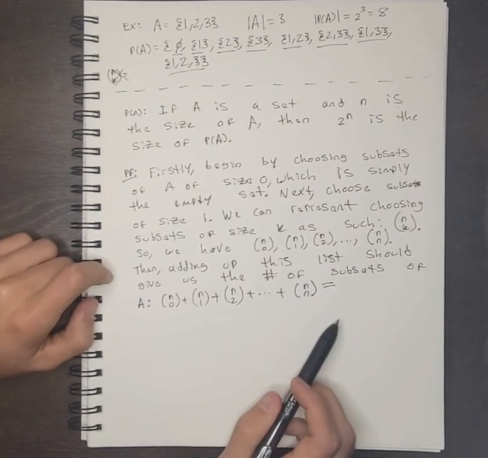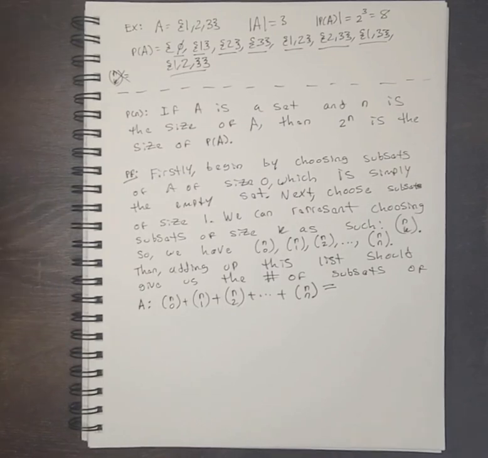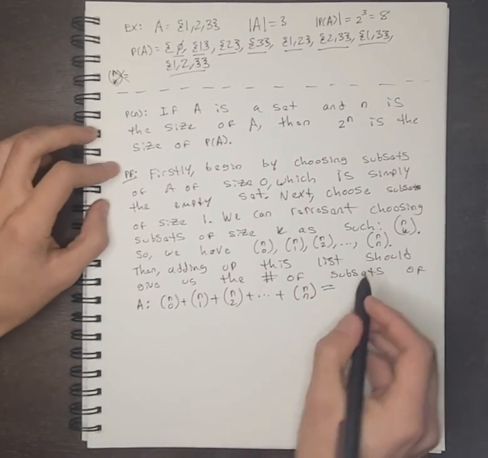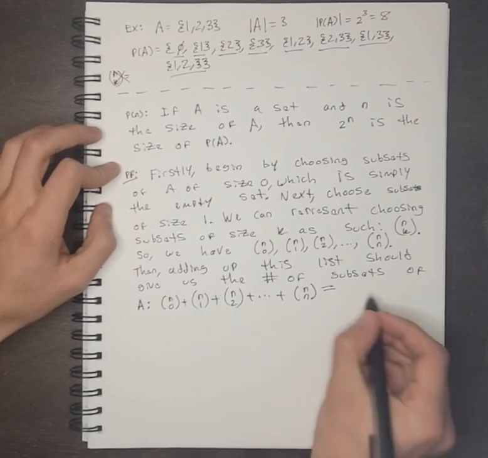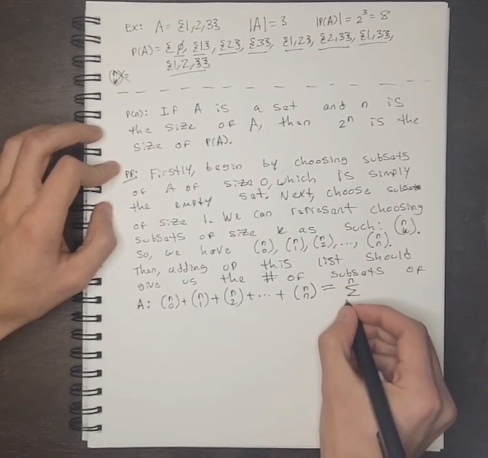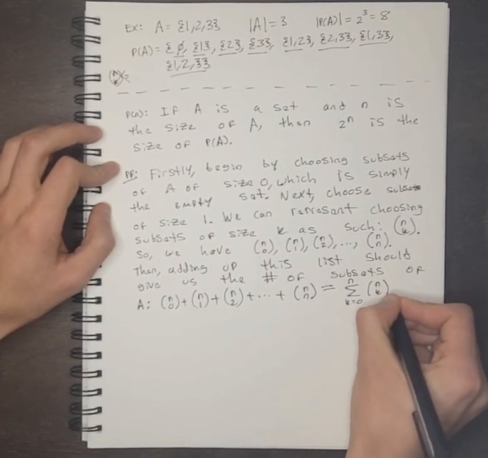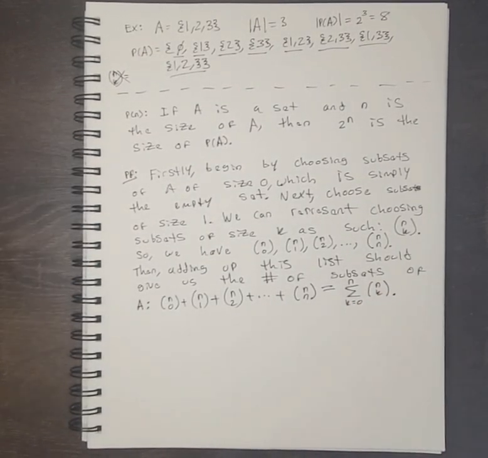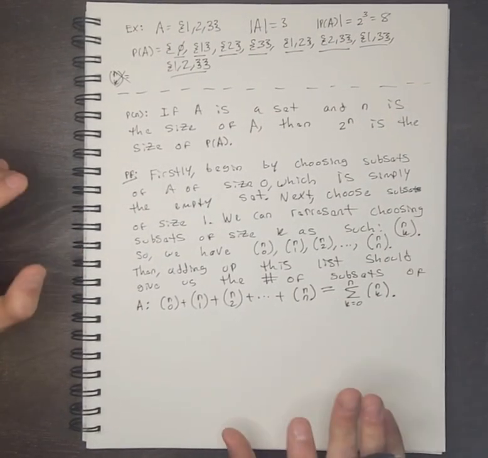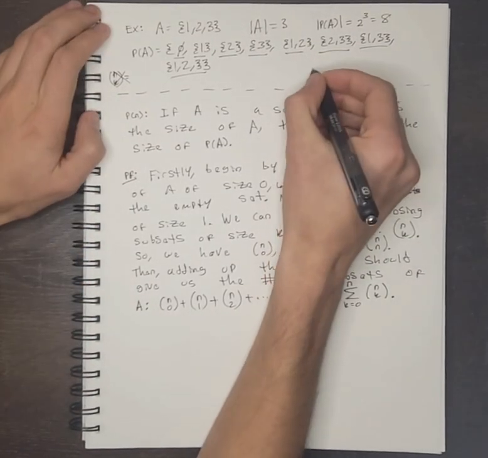Now, this is a series. It is very easy to squish a series together into summation notation. So that's exactly what we're going to do. We're going to say this series is equal to the sum, k starts at 0 to n, of n choose k. Now, hopefully you guys are familiar with the binomial theorem, and I'm just going to write it out up here.